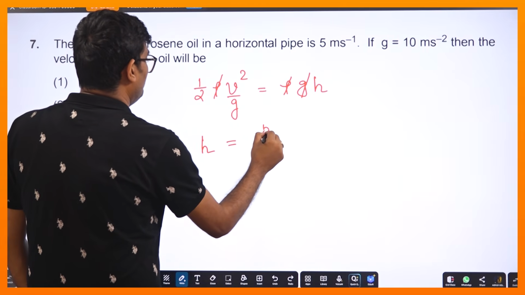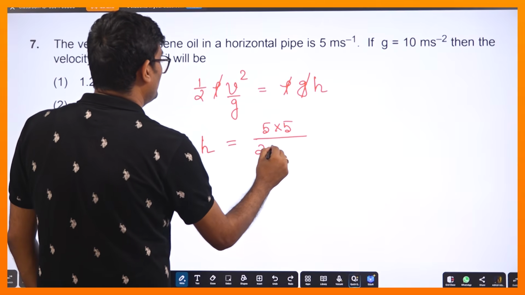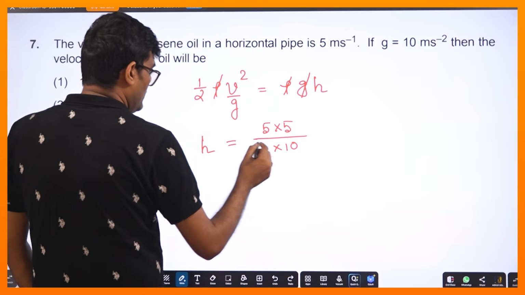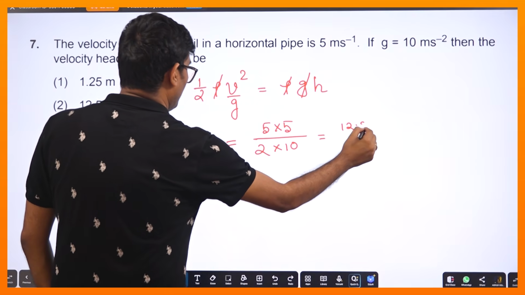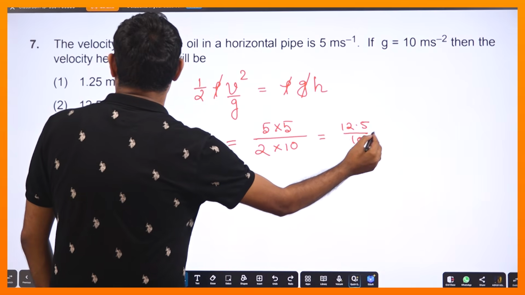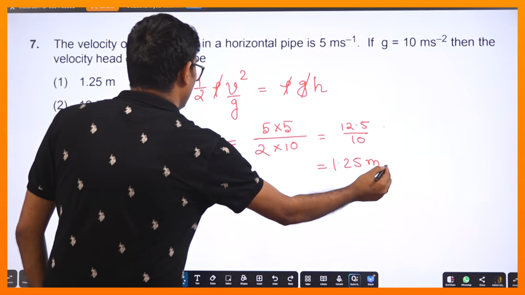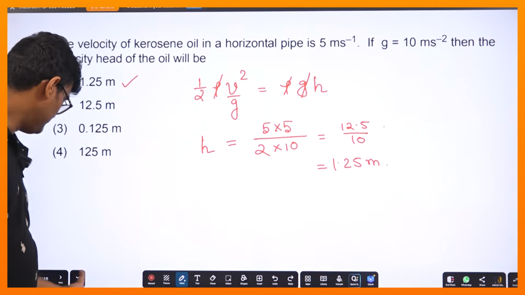V is 5 into 5 divided by 2 into 10. It is asking in meter, so it is 25 by 2, 12.5 by 10, right? I think 1.25 meter is the correct answer for this question, right? Again, option 1 is the correct answer. All right.